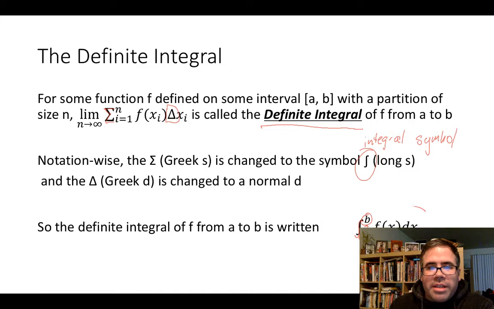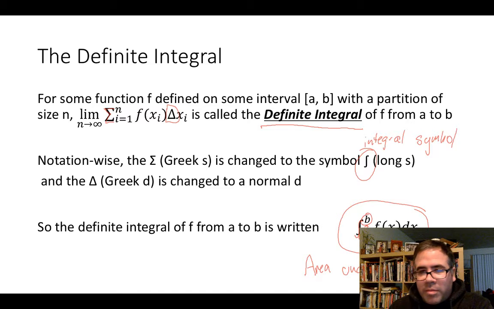When you see this, the meaning that you want to come to your head is area under f from a to b, right? But this is how we write the integral from a to b of f of x dx. The dx is important.